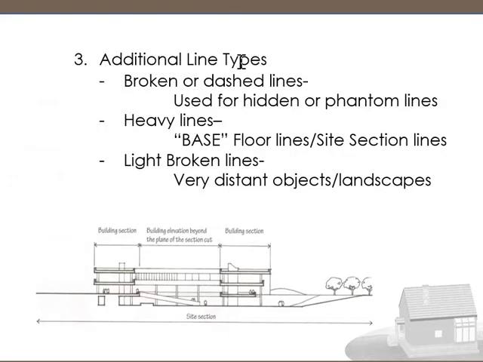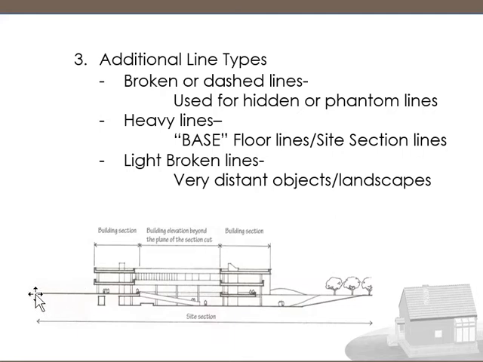Additional lines. Now, we also sometimes use additional lines in sections. You are familiar with a broken line or a dashed line, used for maybe something hidden, or phantom lines. Let's say it's an eating counter or the upper cabinets have a dashed line, which shows it's hidden. We use very heavy lines for the base or the floor or the section line.